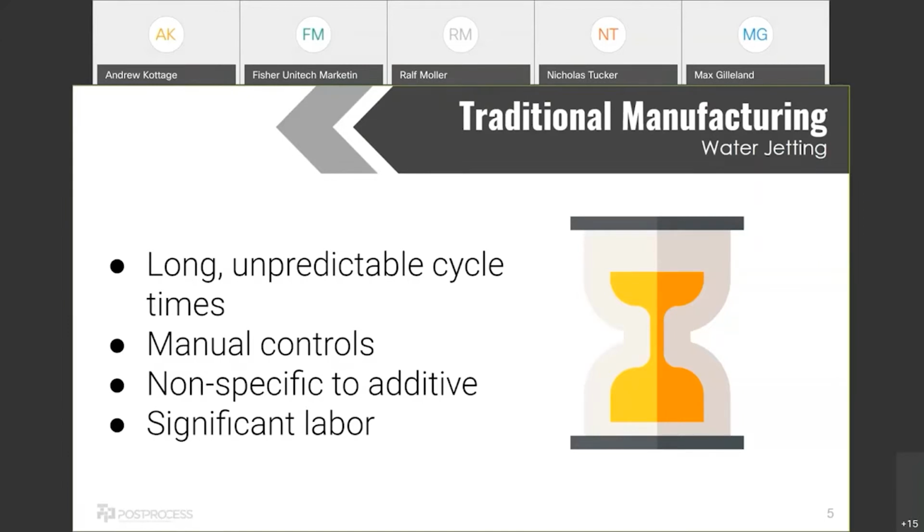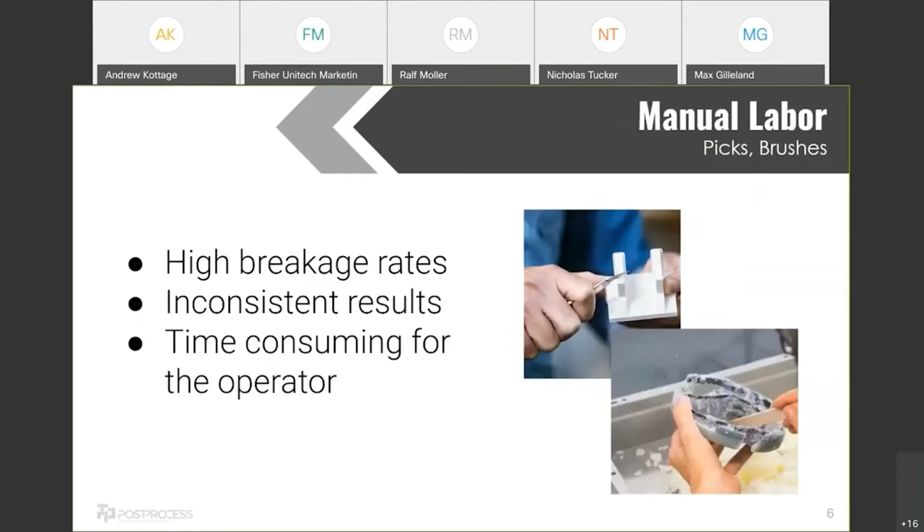And we know that can be a huge challenge, especially when you have an automated print solution where you don't require someone to stand in front of a printer to print parts. So the fact that you might have to post print them, things become a bit lopsided, and again, you run into that bottleneck.